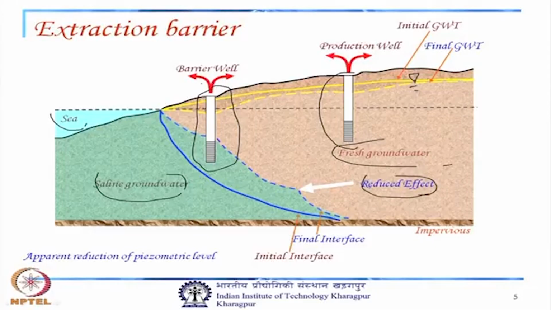by pumping saline water from the pumping wells, and we can safely use our production well for some amount of extraction, but there should be sufficient limits or caps so that we can check the saltwater intrusion.